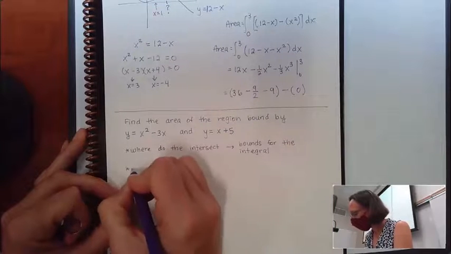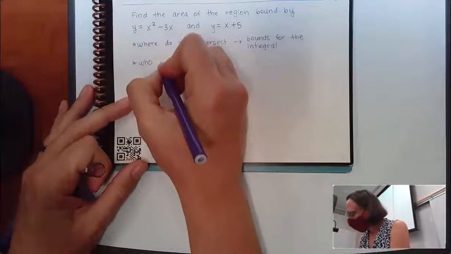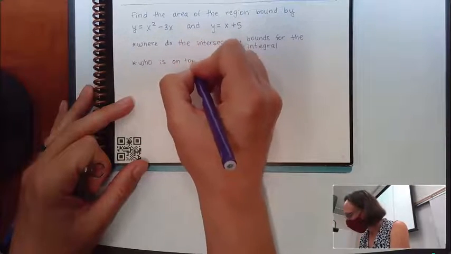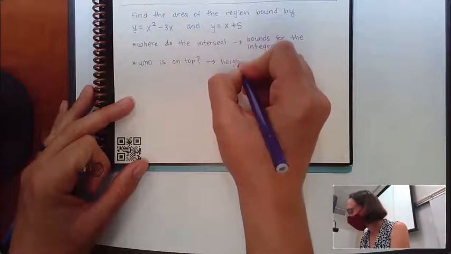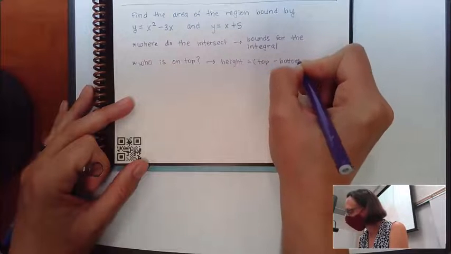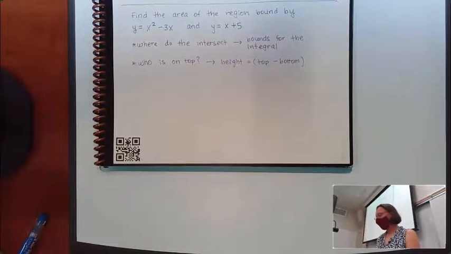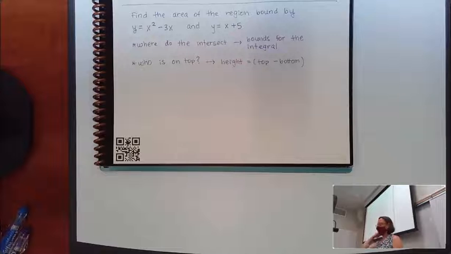And I need to know who is on top, because inside of my integral, the height piece is going to come from the top function minus the bottom function. We can figure both of those things out without drawing a picture. We can also figure them out by drawing a not very good picture. But I'm going to start with no picture at all.